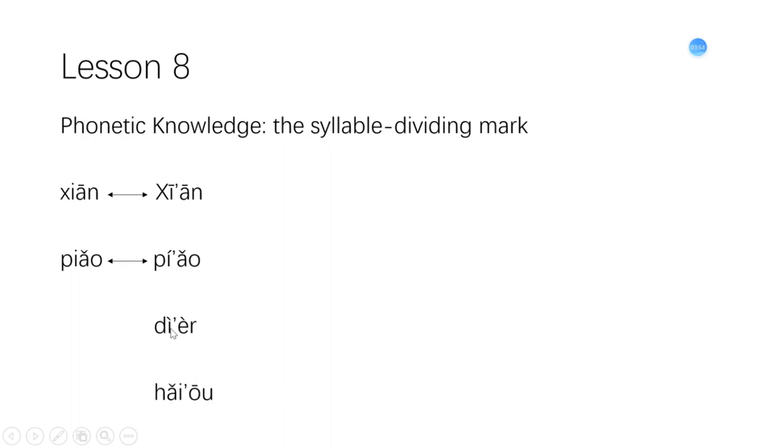Compared to these two syllables, if there's no dividing mark, it is a little bit difficult for us to see where to stop a Pinyin syllable, right? Because the second syllable begins with a non-initial syllable. So the syllable dividing mark is especially used in these cases.